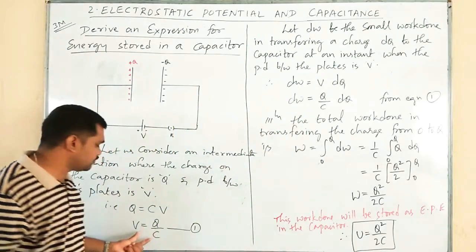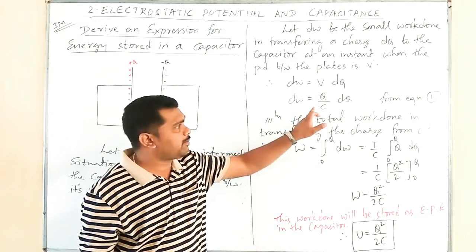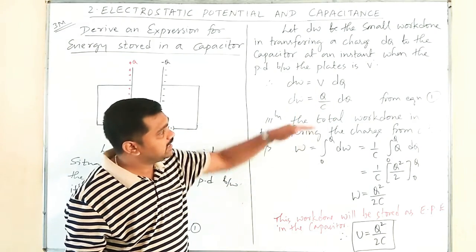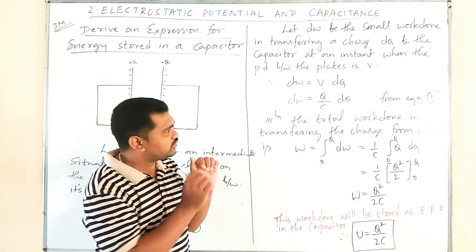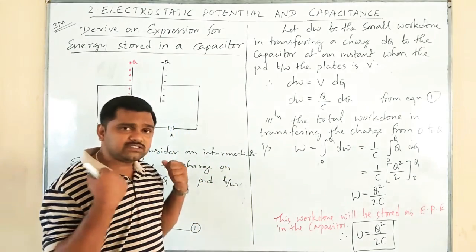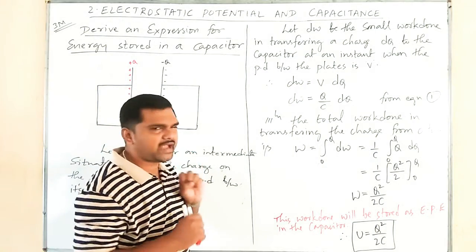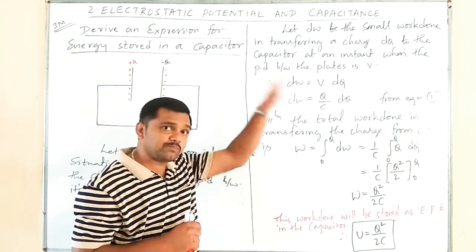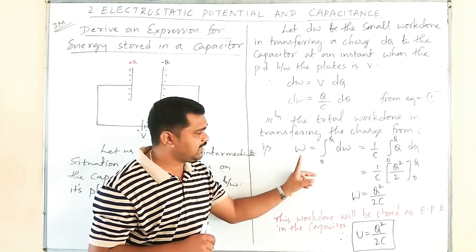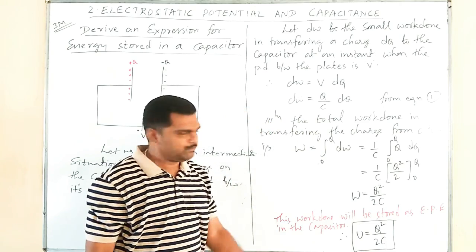Next, I have substituted the value of V there, so from equation number 1, dW is equal to Q upon C dQ. This is the small amount of work done to transfer a small amount of charge dQ. So, the total work done in transferring the whole charge, from 0 to maximum Q, is given by W is equal to integral 0 to Q dW.